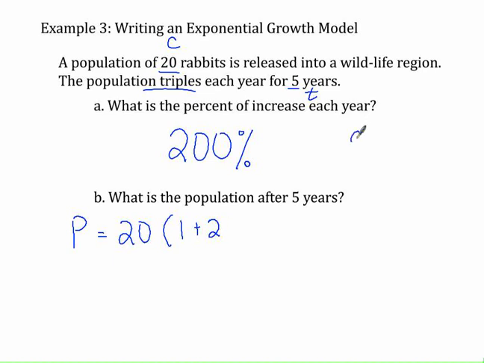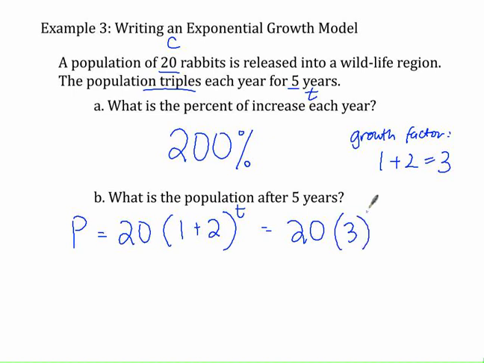So our growth factor becomes 1 plus 2, which is 3, raised to t. So this is the same as 20 times 3 raised to t. If I want to find the population after 5 years, 20 times 3 raised to 5 years becomes 4,860.